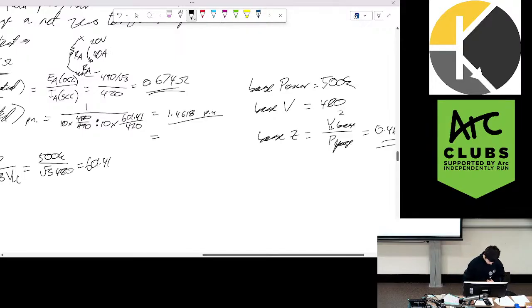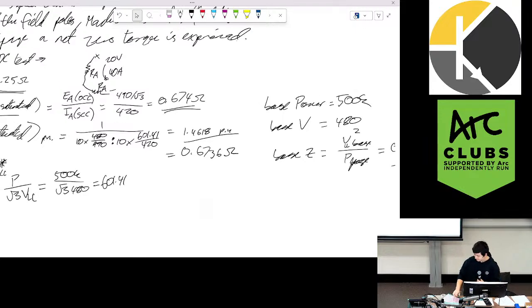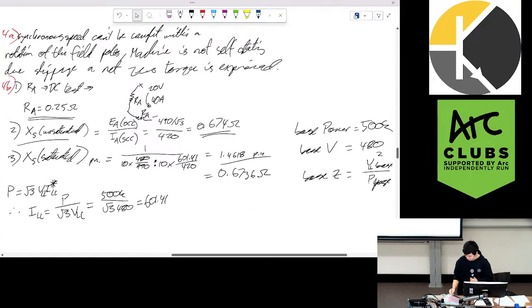Let's multiply it by 1.4618. And you're never going to guess: 0.6736. As a little dummy check, here is our unsaturated value, here is our saturated value. Are they meant to be different?